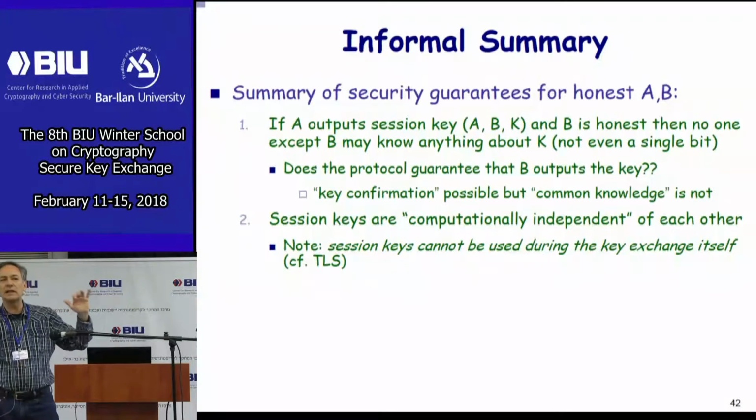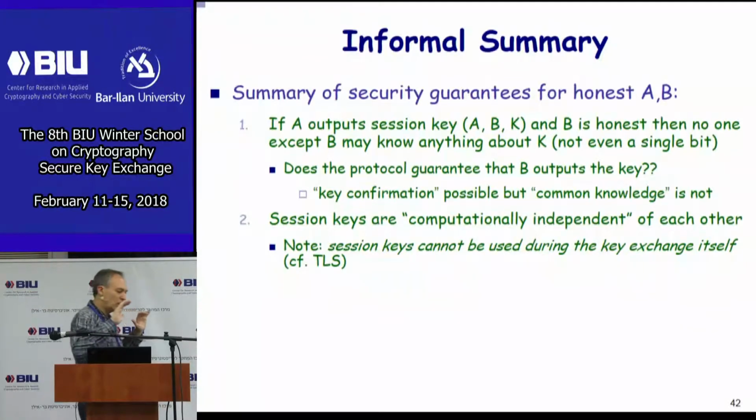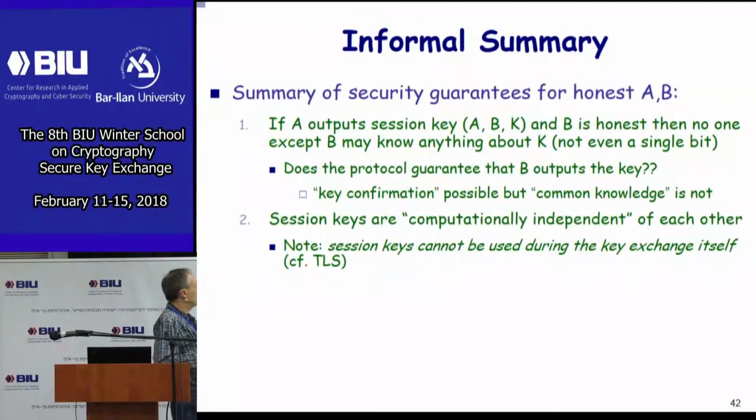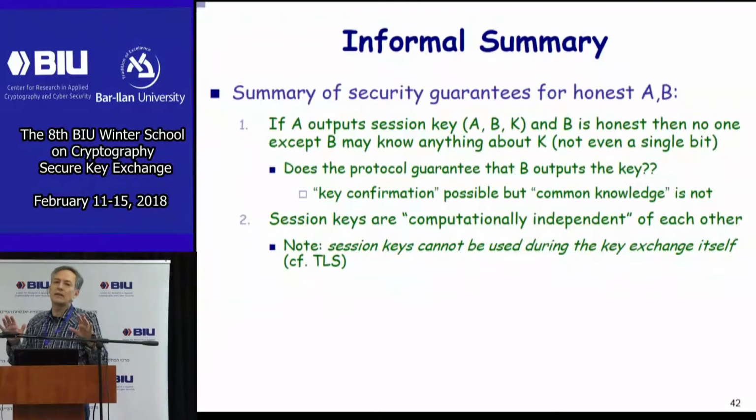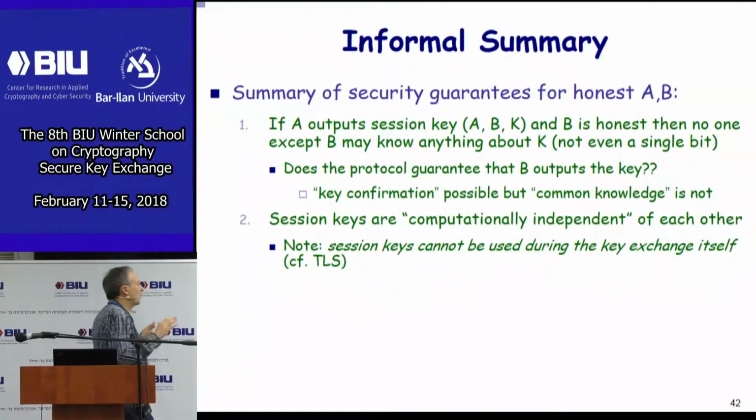But if two parties, Alice and Bob, act honestly, then here's the type of guarantees that all these definitions give you. If Alice says, okay, I ended my session with Bob as a peer and K as the session key, and B is honest, then what I know is that no one other than Bob knows anything about the key.